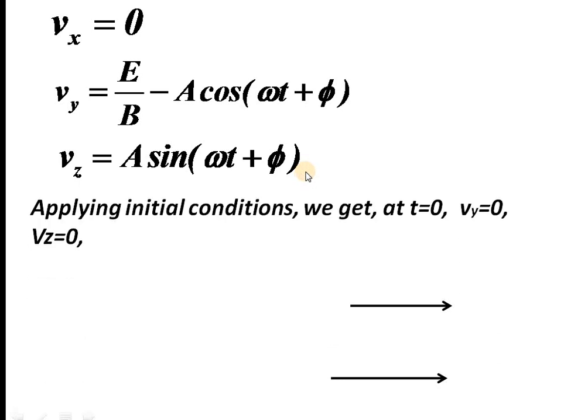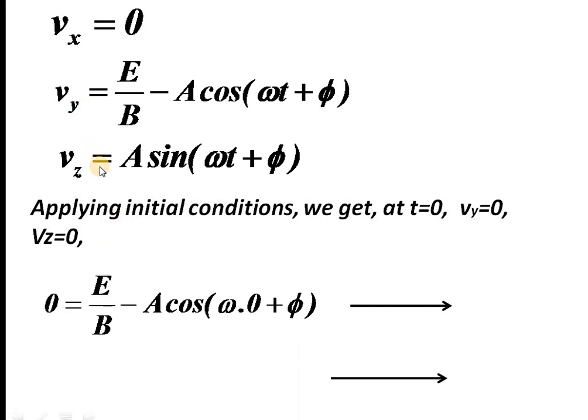If you apply the initial conditions, as is usually done in differential equations, that is, the boundary or beginning conditions, here the beginning condition is time t equal to 0 at the beginning point. At that point, velocity vy will be 0 and velocity vz will be 0, because the particle is at rest. So if you apply these conditions here, what will we get? vx is already 0, so no question about it.